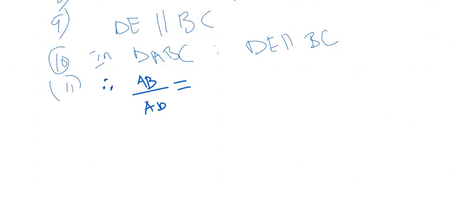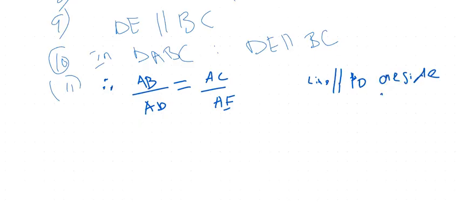So this is the proportionality theorem. We can say that a line parallel to one side of a triangle, all right?